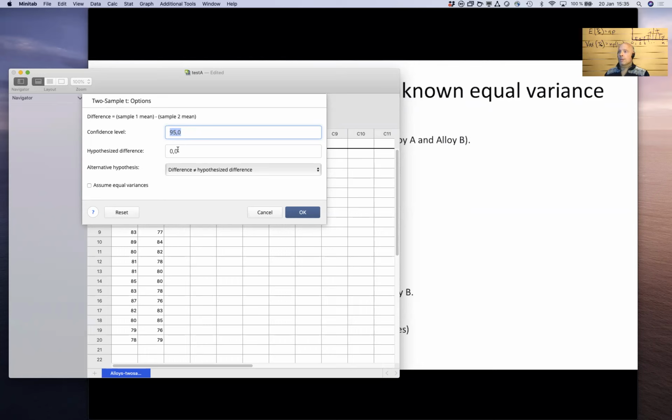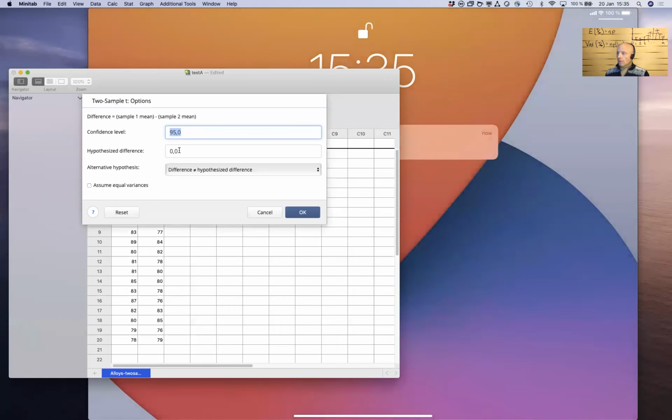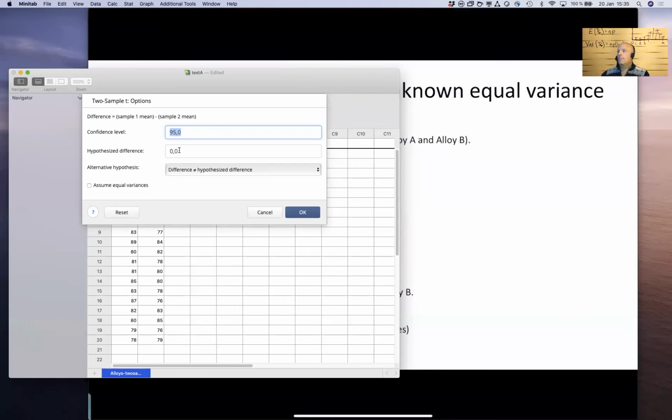And the hypothesized difference in our case is that the alloys are the same. And the alternative is that they are different. Should we do that, or should we do a one-sided? We should say that the difference is larger, because then we say that alloy A is bigger than alloy 2.